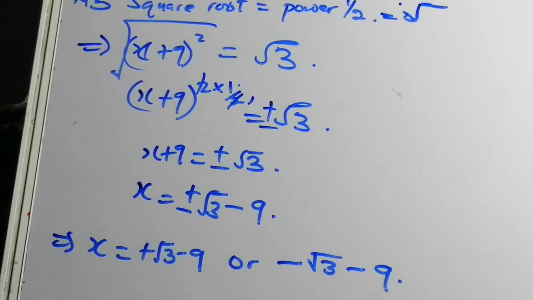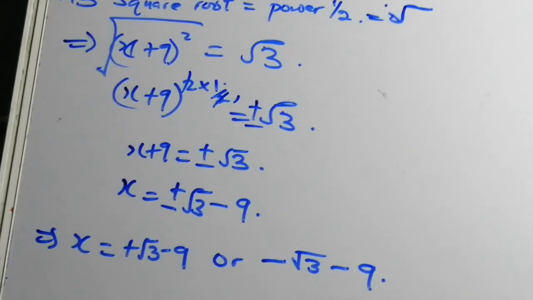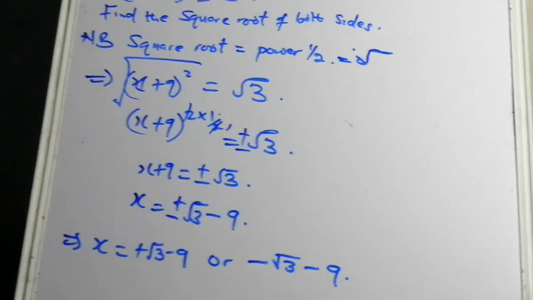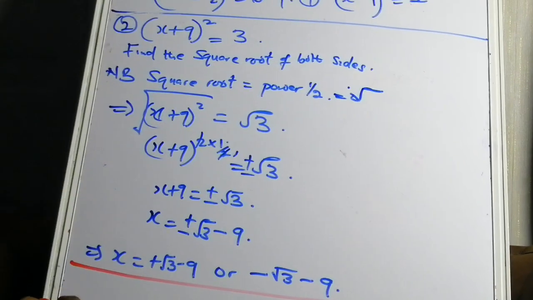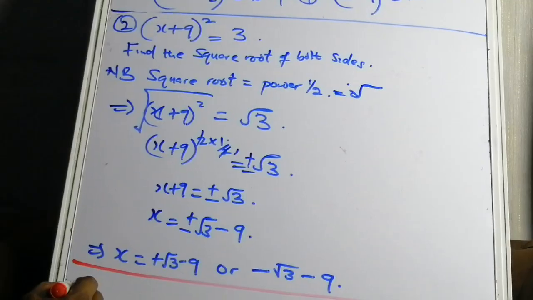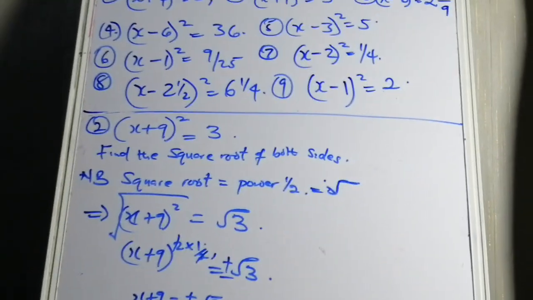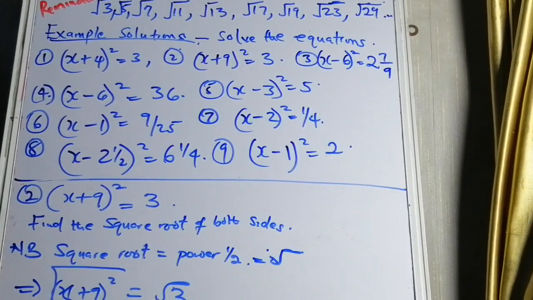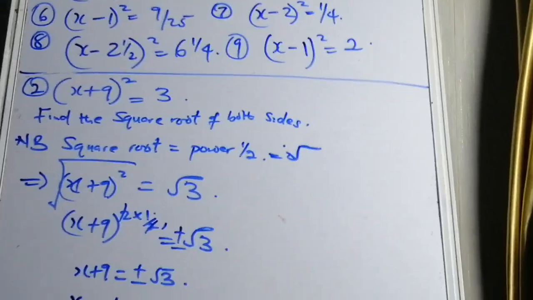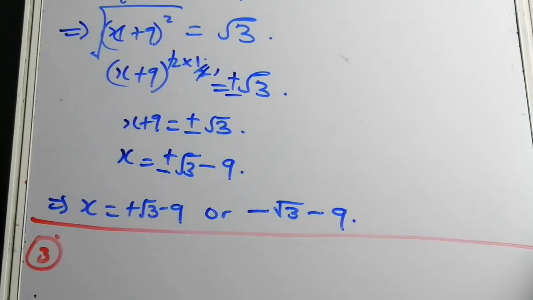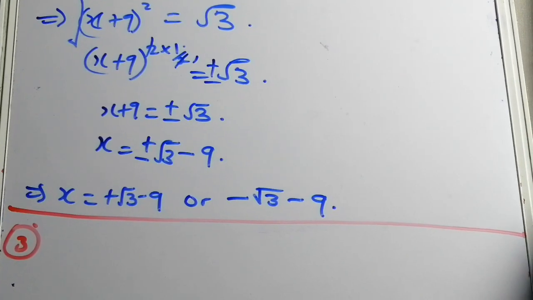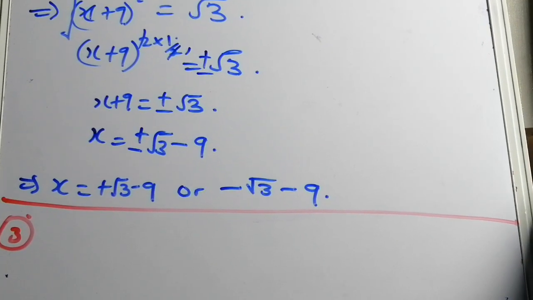So this part is very straightforward. You don't need to waste much of our time. Let's quickly solve number 3 there. Like I've said, I keep repeating it because repetition is part of learning. Please always solve as many questions as possible. That will give you confidence in maths.